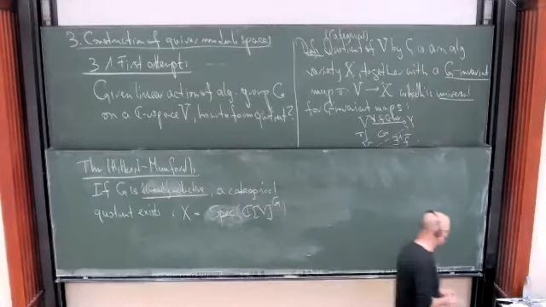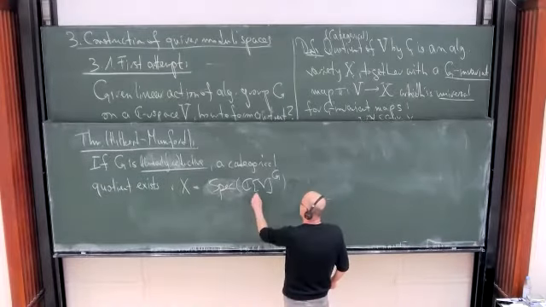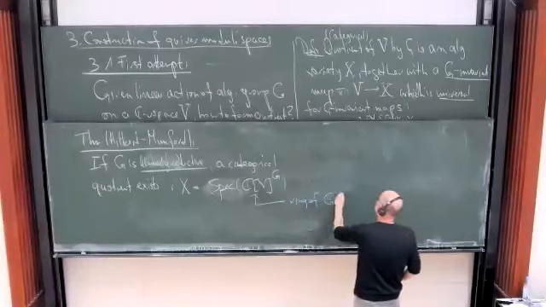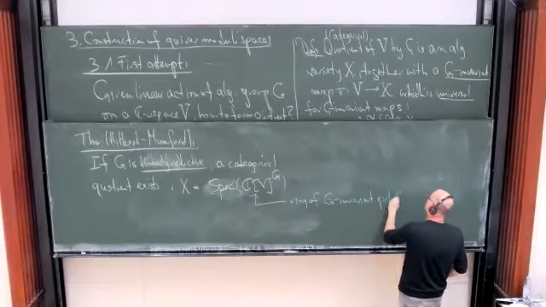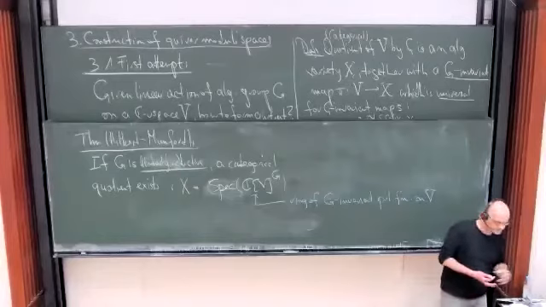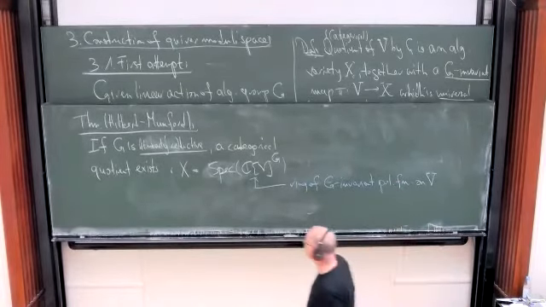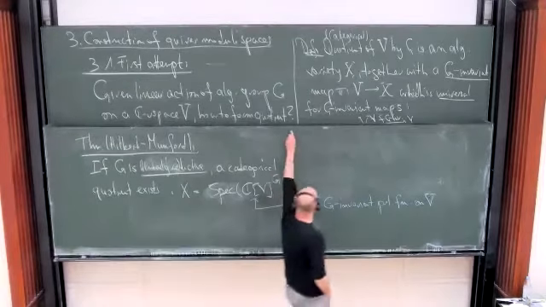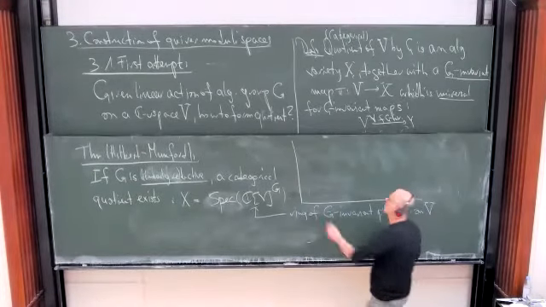So, and let me remark, this is the ring of G invariant polynomial functions on our vector space V. So you can do this very concretely. You could do the following. So how do we actually write down the quotient? Well, you could just take generators of this ring of invariants.